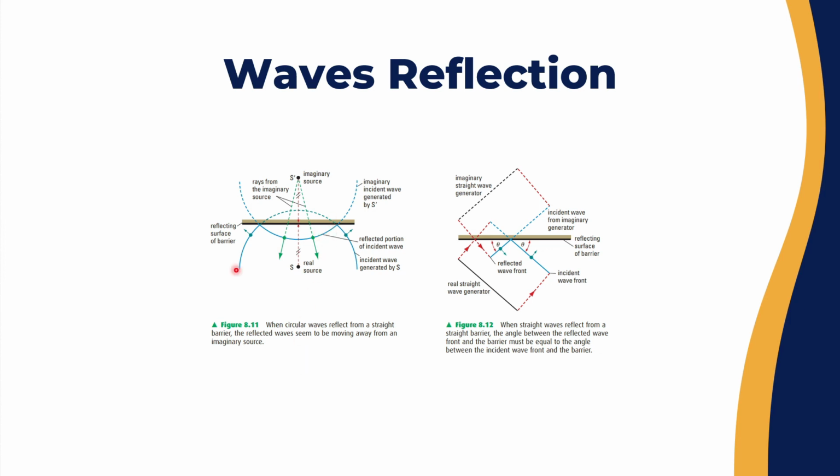So some authors like to say that there's an imaginary source that you can imagine, which helps in solving the behavior of the waves while they're hitting the barriers. But of course, it's an imaginary source. It's not realistic. It just helps in identifying or explaining the behavior of waves in mathematical terms.